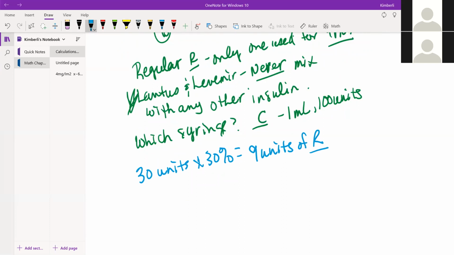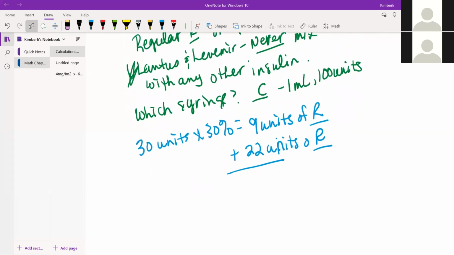Nine units of R plus 22 units of regular insulin by itself. 22 plus 9, 31. 31 units of regular insulin, which is the R. Okay, so that's how many units of regular insulin they're receiving per day.